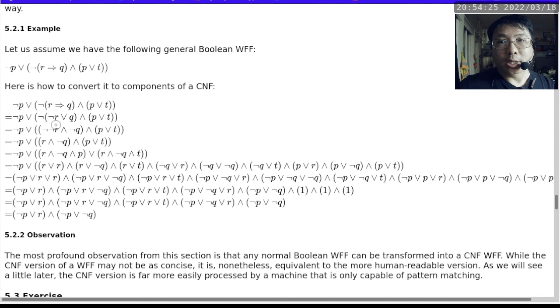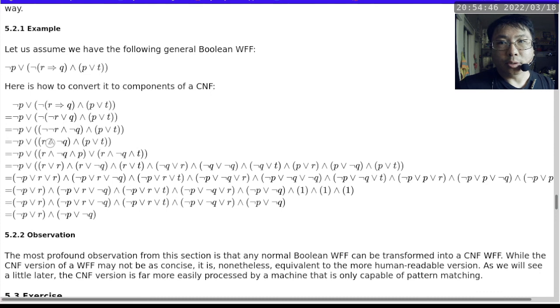So that's what I'm doing here. I'm applying De Morgan's law because we have an or here and it is negated. We apply De Morgan's law, which basically distributes negation into the individual terms of the or, and then we turn the or into an and. So now we end up with not R and not Q.